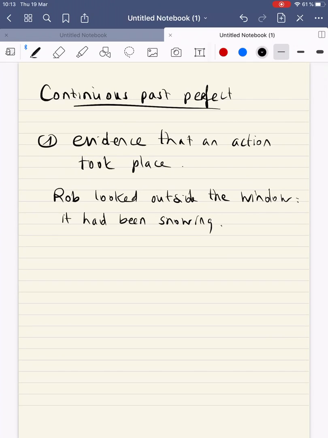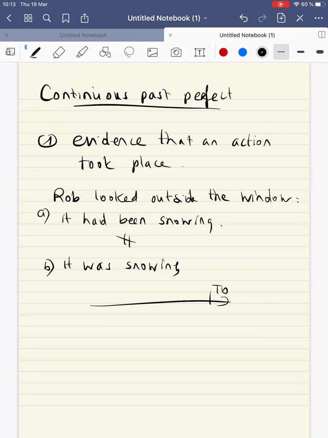Maybe he can see that it's white all over, that the treetops are white. He can see that there are snowflakes on the windowsill. There is evidence, there are traces that it had been snowing at some point, which is different from a sentence that would be, Rob looked outside the window, it was snowing.